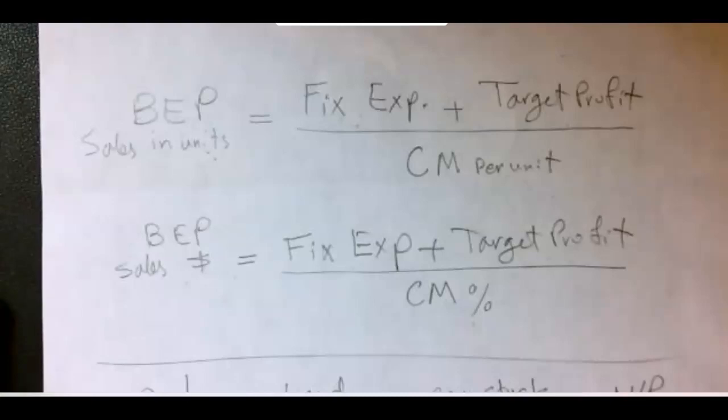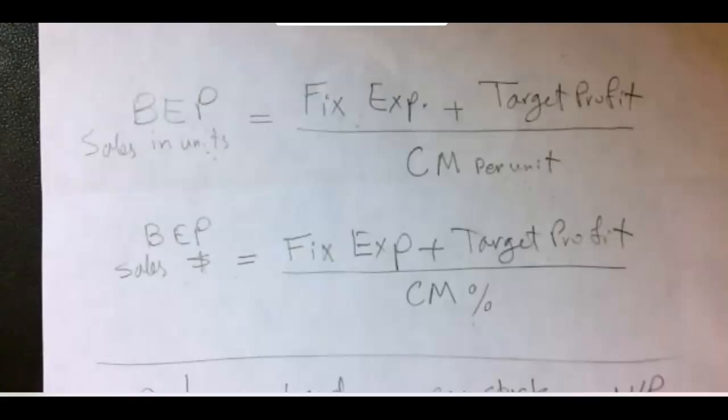Let's say you are selling it for $10. Variable expenses are, let's say, $4. So 10 minus 4 gives you a contribution margin per unit of $6, right? Fixed expenses plus target profit divided by contribution margin per unit gives you sales for break-even point in units.